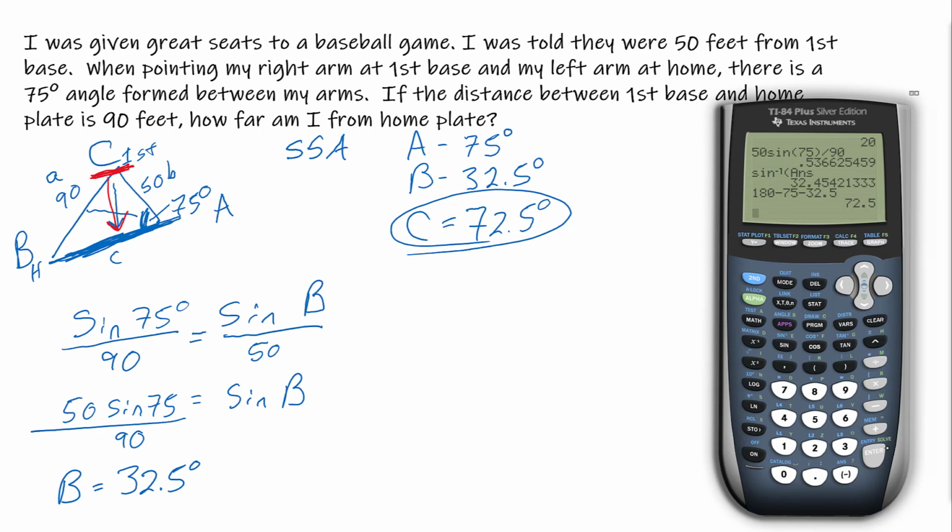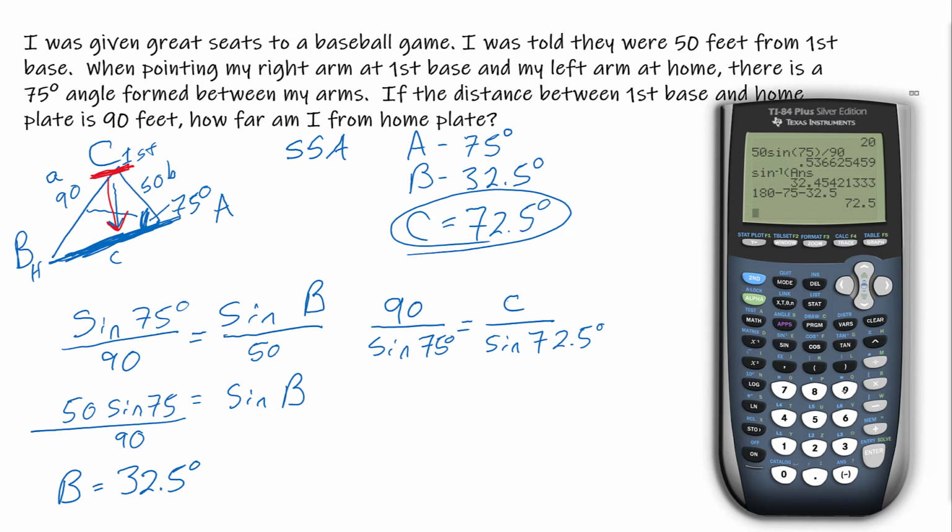So now we can use that along with the A's. We have that little a, 90, divided by sine 75 degrees is going to equal little c, which is the distance to home plate, divided by sine of 72.5 degrees. And since the angle is just a little smaller, we know that the length will be just a little smaller.